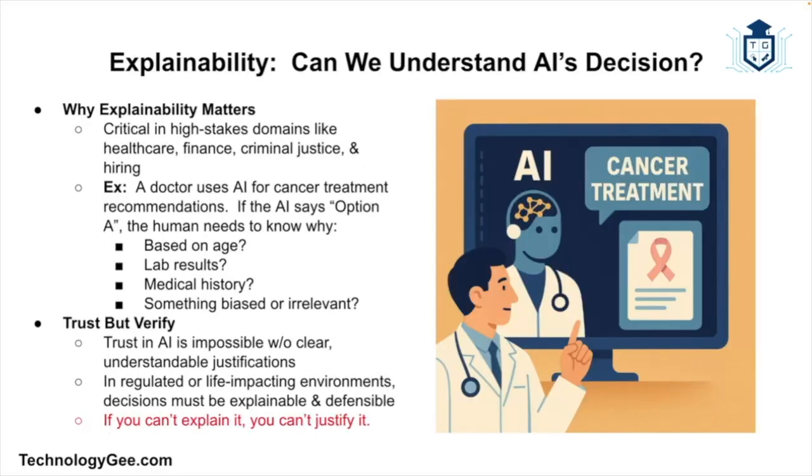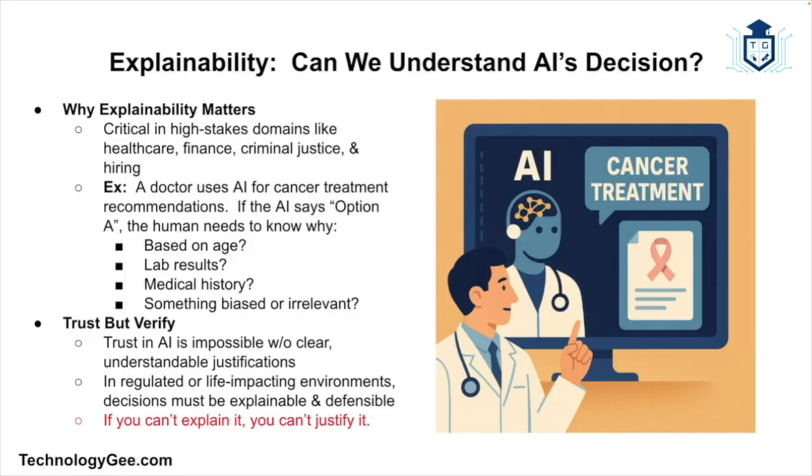All right, next let's talk about explainability. You know what decision the AI made thanks to transparency, but can you understand why that decision was made? That's where explainability comes in. This is the ability to explain how an AI model arrived at a specific outcome or decision in a way that's clear to a human being and not just a data scientist. Why does this matter?